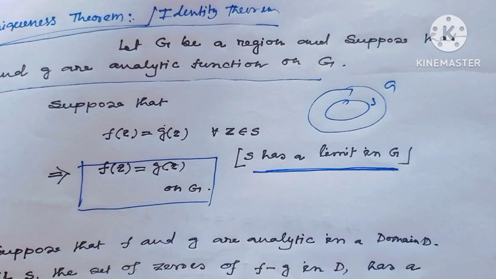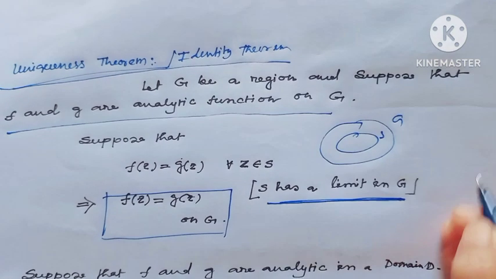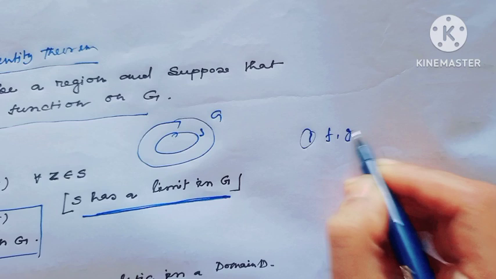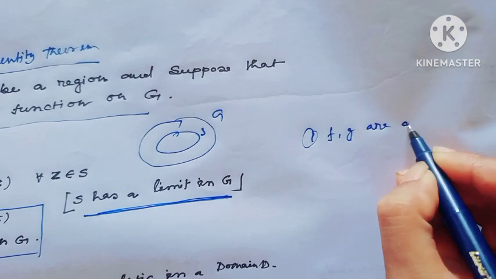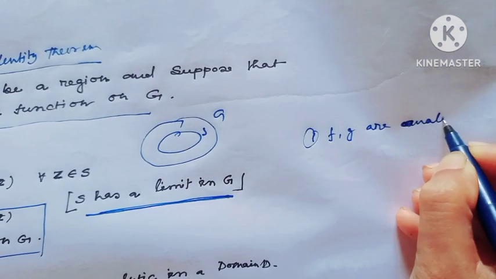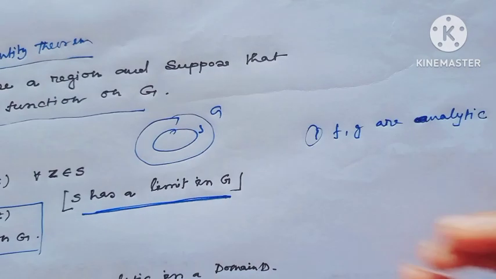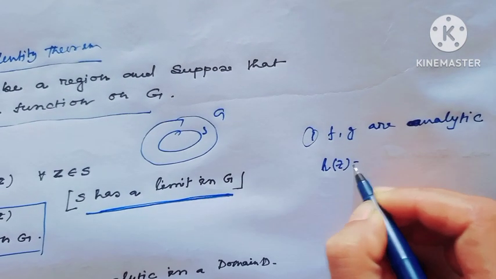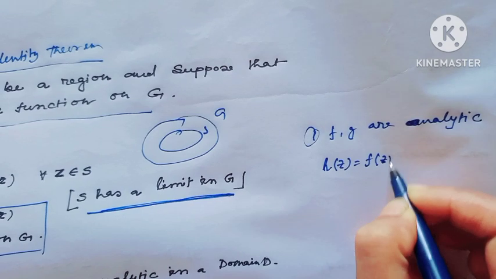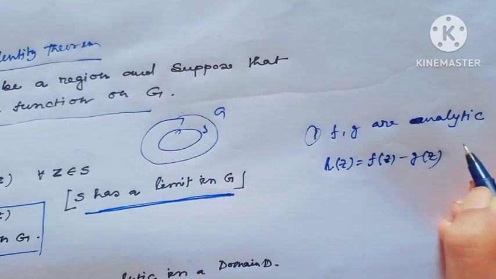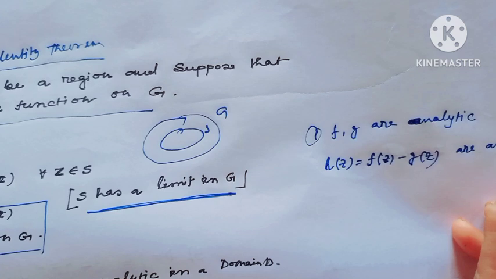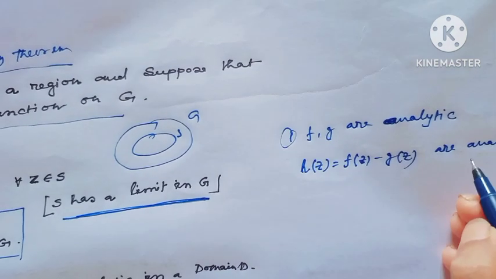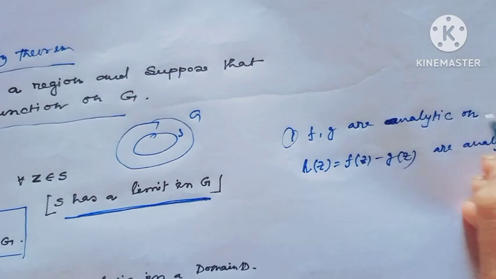That means first f and g are analytic, then their difference h(z) = f(z) − g(z) is analytic on the set.